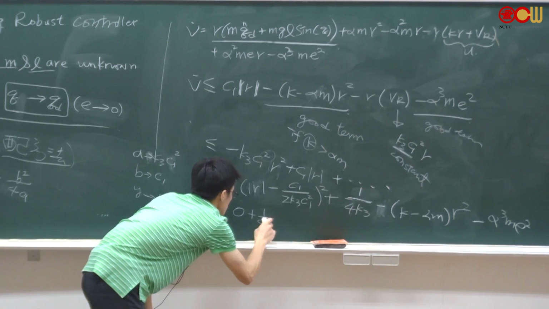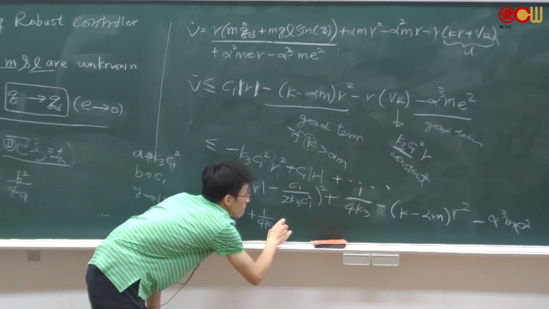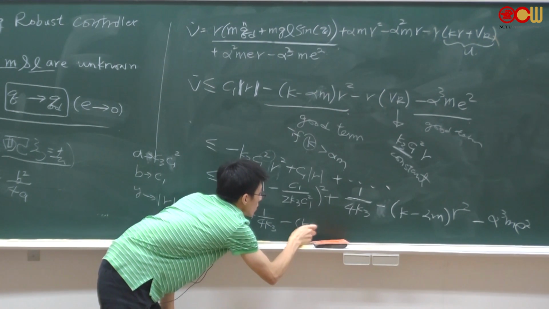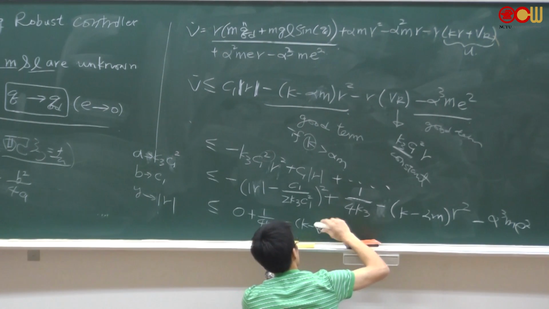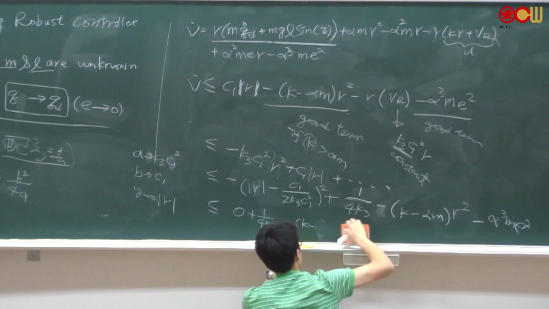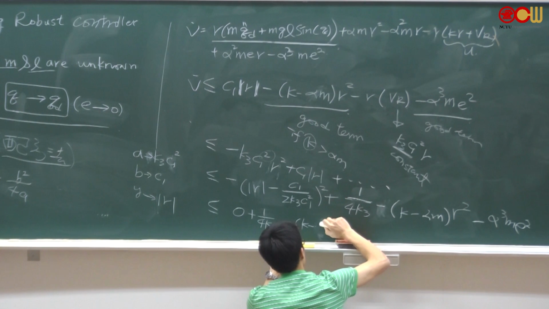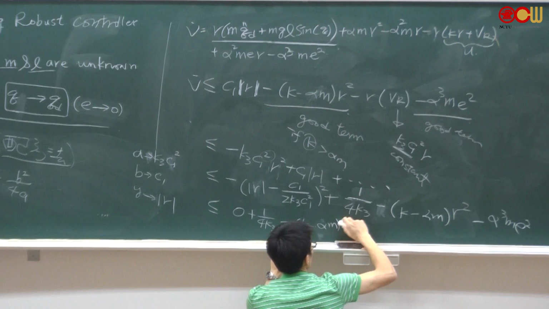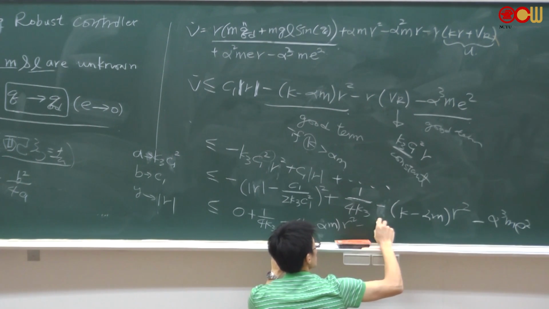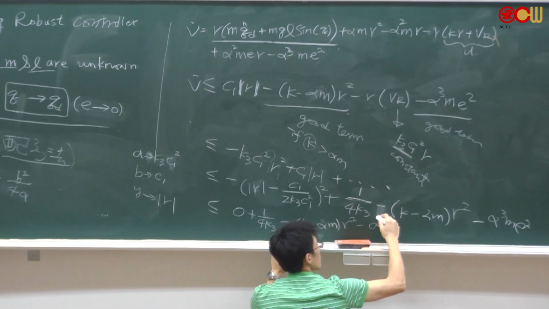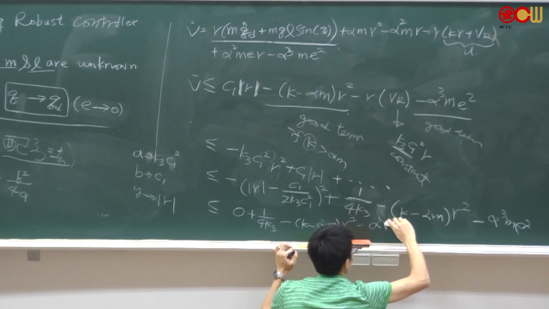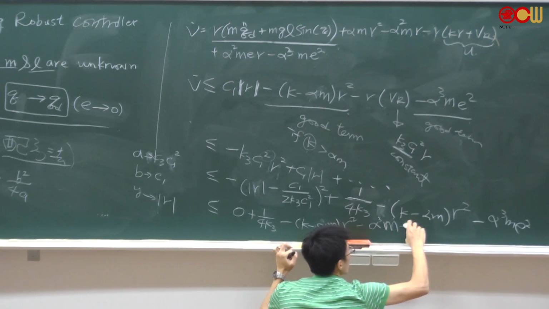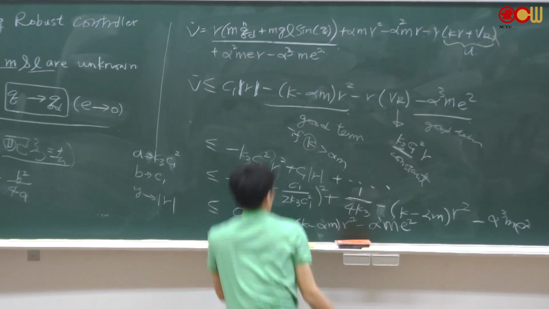So it is K3 minus K alpha M, R squared, minus, okay.